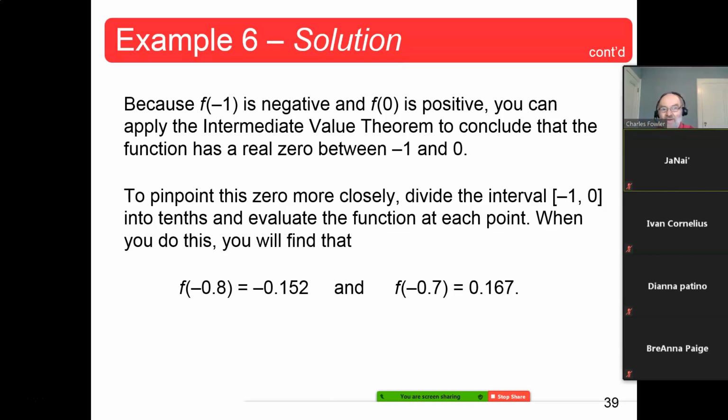Okay, well, they knew the answer. They went to -0.8, found out that was negative there. -0.7 was positive. If we had done the math, we would have found that to be true. Okay, so they know it's somewhere in between -0.8 and -0.7.